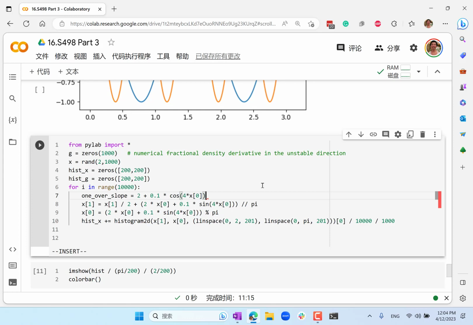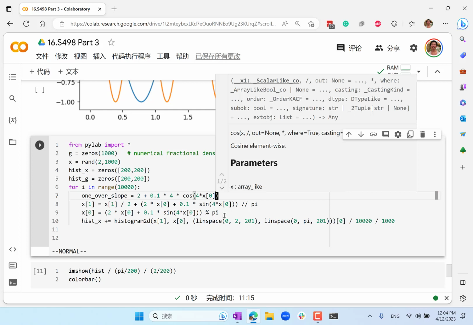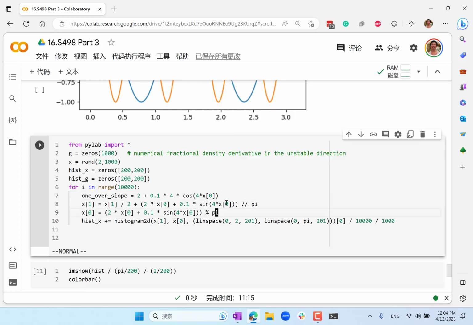So that's the slope, and times 4. It's just the derivative of the unstable dynamics. And we have the 1 over the slope.